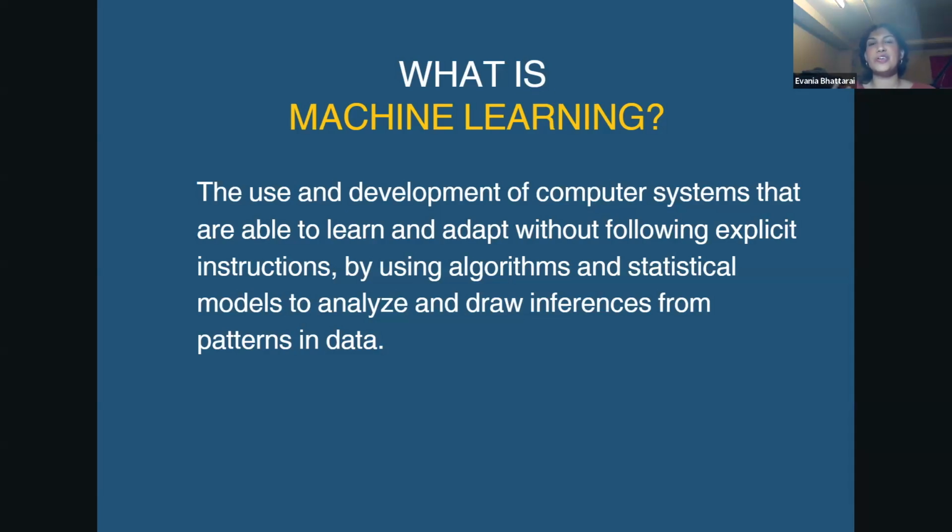It's where you're training a computer, utilizing algorithms and statistical models, to be able to perform operations by itself. By training your model through machine learning, you're going to be able to draw inferences from patterns in data that will allow your machine to work on its own by the end of the lab. Well, hopefully by the end of the lab.